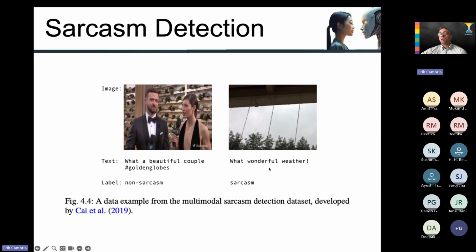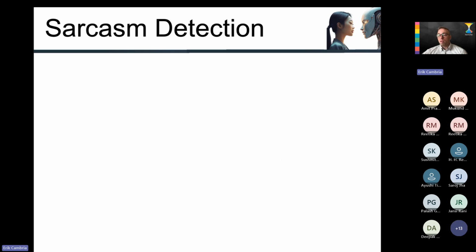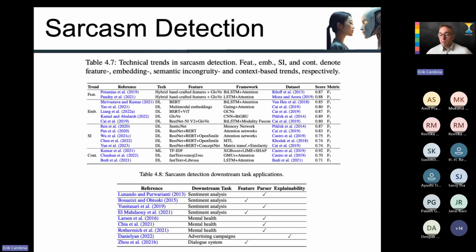It's only when you put them together that they become sarcastic. So it's interesting to look at this kind of dynamics, and that's why multimodal sarcasm detection has recently become very popular. But even for text sarcasm detection, there are a lot of very interesting works.